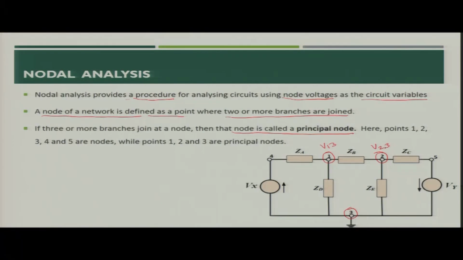Similarly, here you can write V23, here V43, and here V53. These would be the node voltages with respect to the reference node, that is node 3 in our particular case.